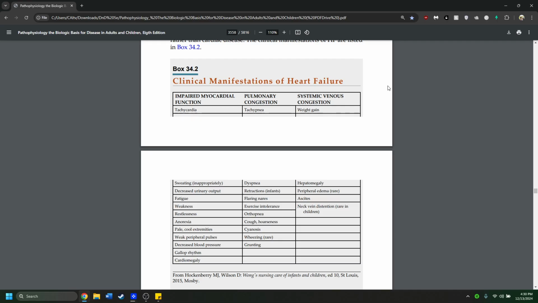If they're pale or have cool extremities, our pulmonary aspect might be cyanosis. If they have weak peripheral pulses, then pulmonary-wise they might have AVs. If they have a low blood pressure, our pulmonary congestion may show grunting. And then we also have a gallop rhythm or cardiomegaly.